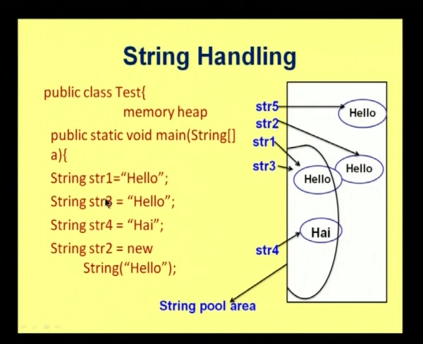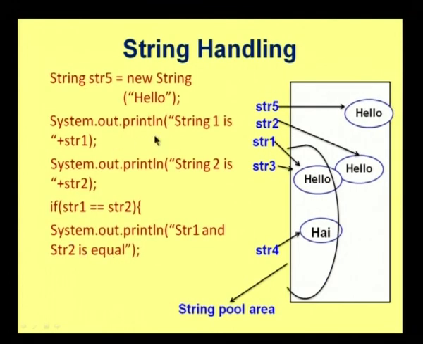Whereas for str1 and str3, both the values as well as the memory remain the same. Here we have a new memory being allocated, the value being stored and a new name str2 being given. Next we can see str5, where I am trying to create a new string variable with the same value. Again a memory will be allocated and this value is given the variable name str5.